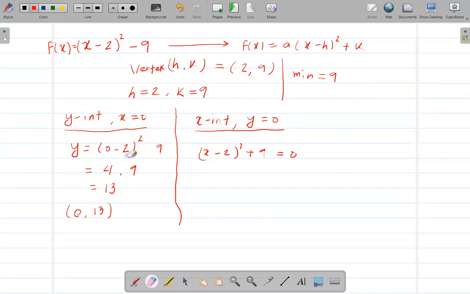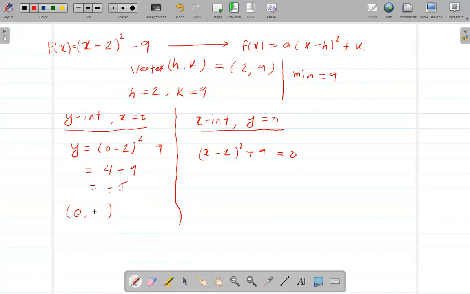It doesn't make a difference, I'm just trying to avoid an imaginary number. So 4 minus 9 is negative 5, and this way we get 0, negative 5.